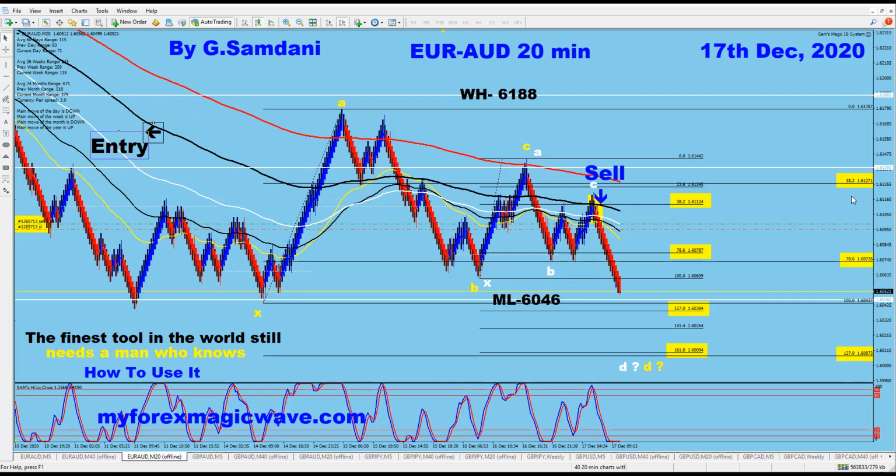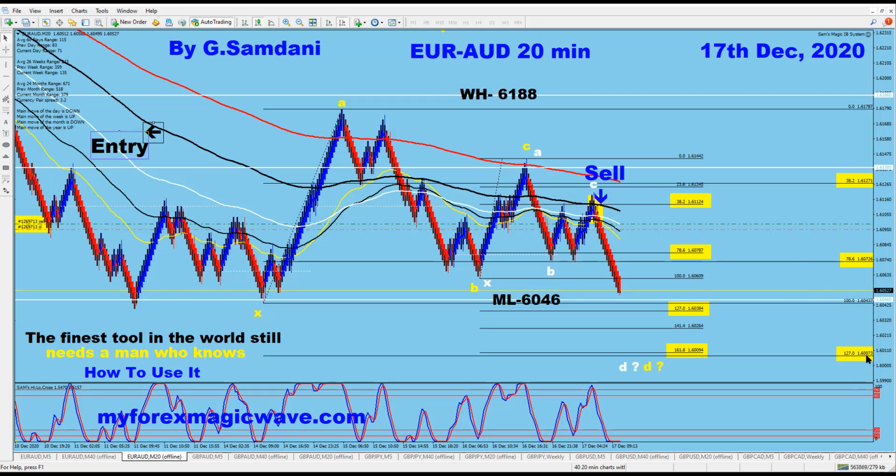Then it went up to 38%. It went very close to the 23% line, but I'll say 38% was touched. Now it's supposed to go down to either 127 or 1.618. We're going to take the 127 of this yellow count, which comes to 6007.